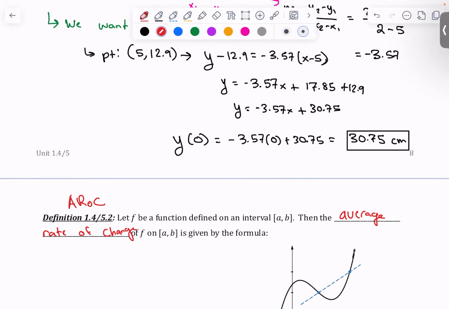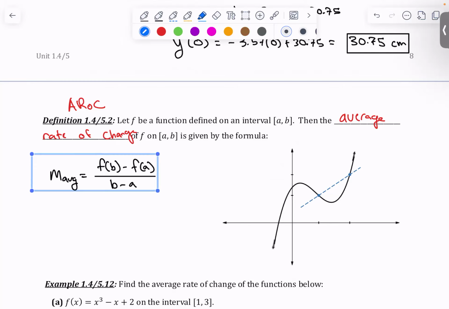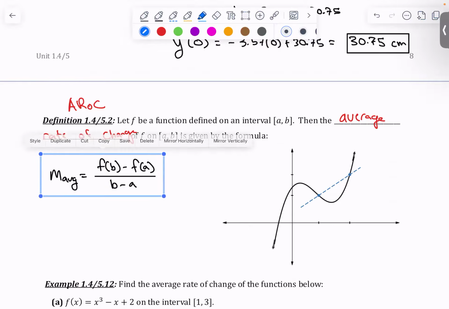The average rate of change of f on a comma b is given by the formula m sub avg is equal to f of b minus f of a over b minus a. That is the formula for the average rate of change.